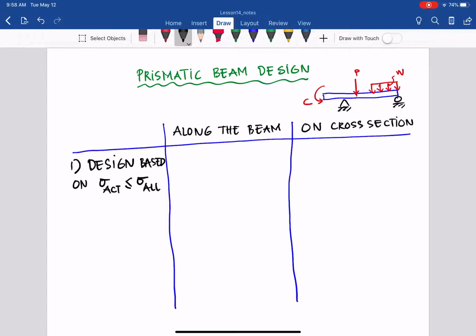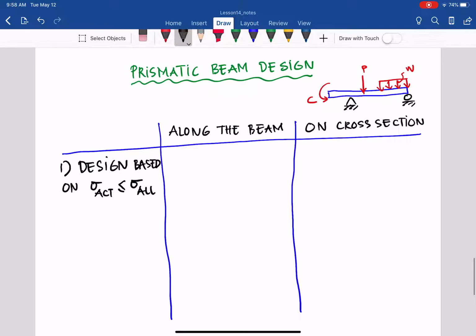So what we need to look at is M max, the maximum moment. And where do we look for the maximum moment? Of course, from the moment diagram.